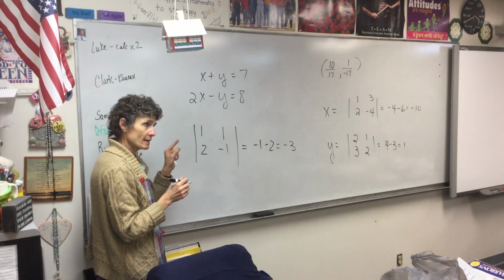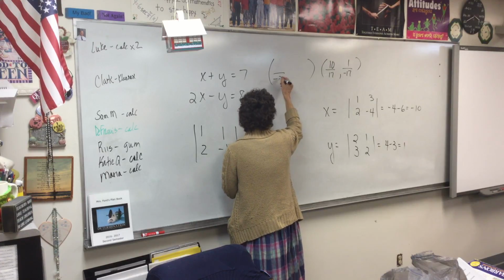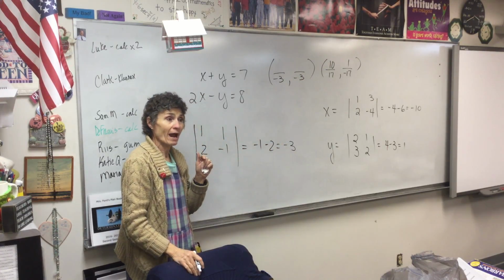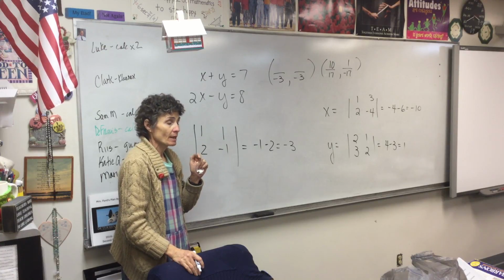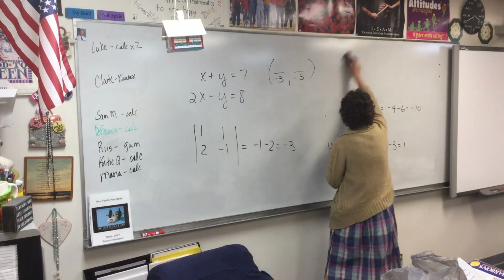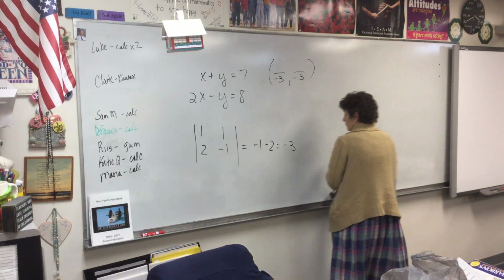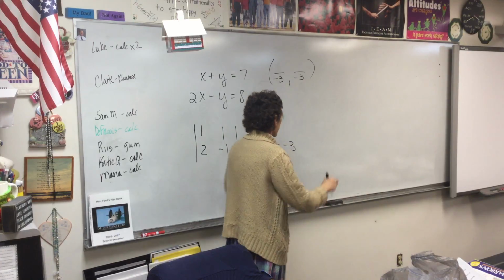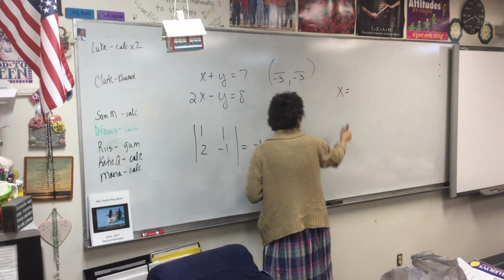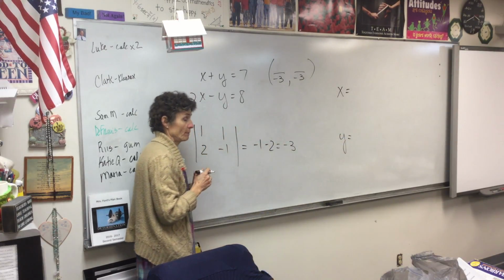Now, what's the negative 3? It's the denominator for both of your answers. x and y are going to be fractions, and they're both going to be over negative 3. All right, so now we have to find the numerators, and that means 2 more determinants.